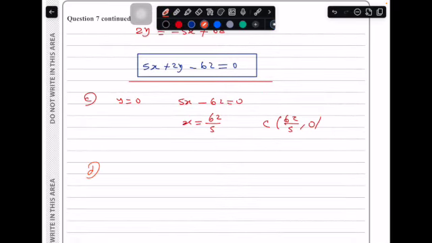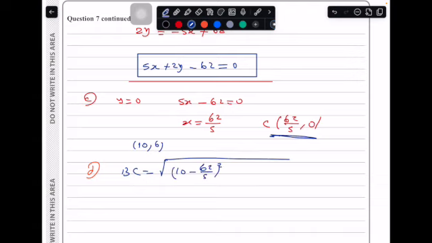So BC is equal to the square root of (x2 minus x1) squared plus (y2 minus y1) squared. B is 10 and 6, C is 62 over 5 and 0. So we have 10 minus 62 over 5 all squared plus 6 minus 0 all squared, under the root, and finalizing, it will be 6 root 29 over 5.